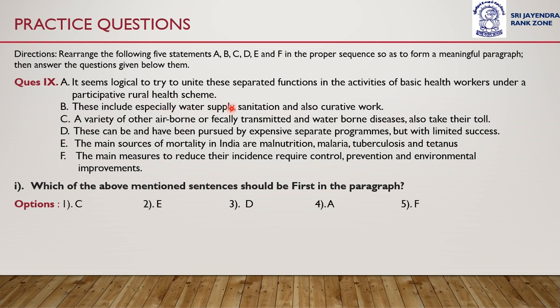These include specially water supply, sanitation, and also curative work. So, E is followed by B, then C, a variety of other airborne or fecally transmitted and waterborne diseases also take their toll.